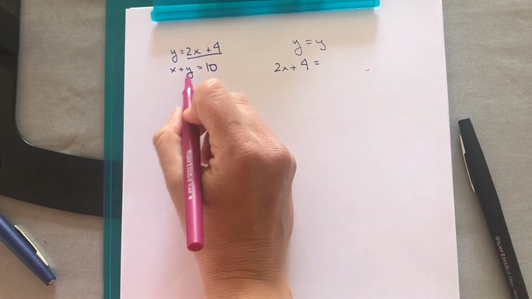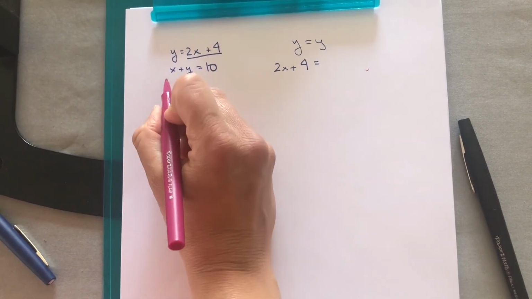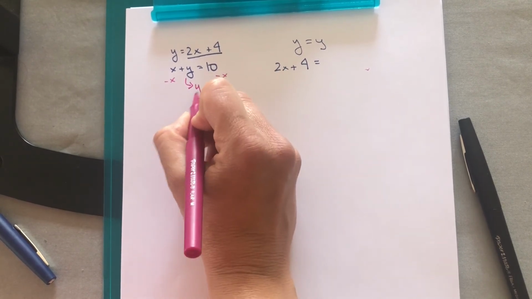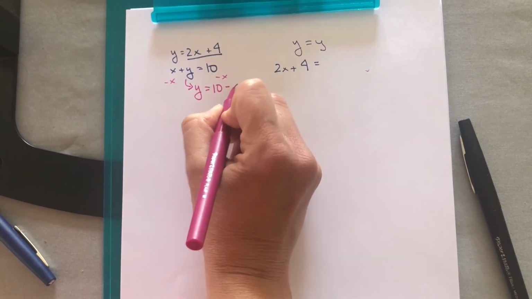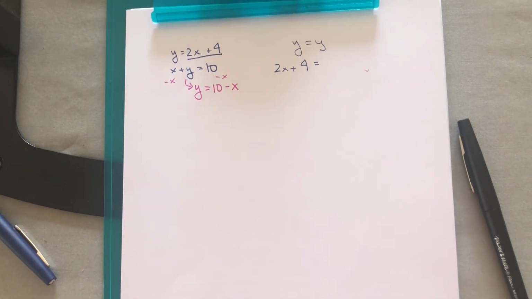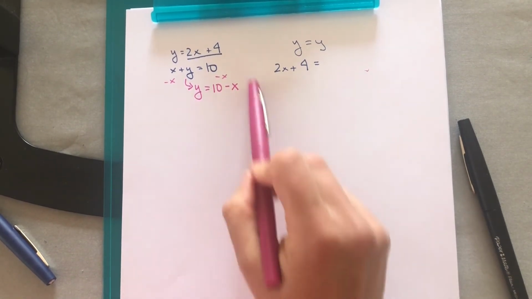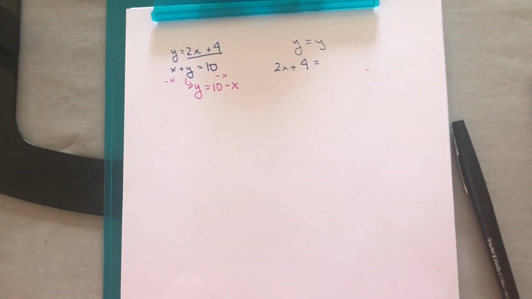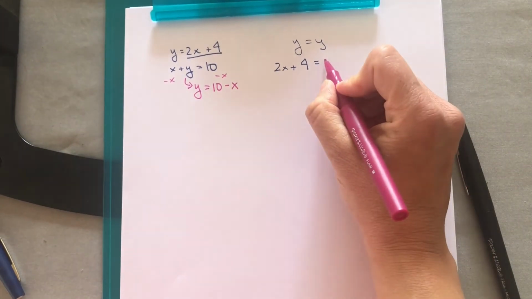So if I want to solve this equation for y, I would need to subtract x from both sides. So y equals 10 minus x. So now that I've rearranged it to be y equals, so in slope-intercept form, then I can plug that into this side of the equation.